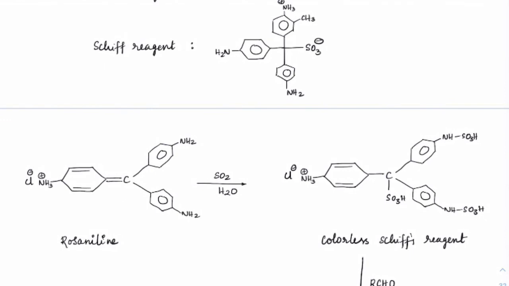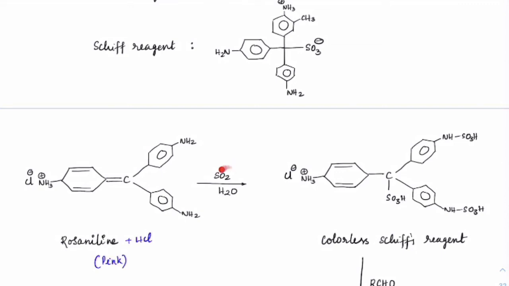See, this is the structure of rosaniline. The common name is rosaniline for this. Got it? This is HCl added rosaniline. So when you add HCl, here it was NH2, and it will become NH3 plus and Cl minus. This usually appears rosy pink in color.